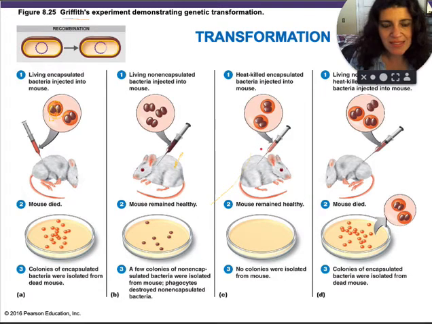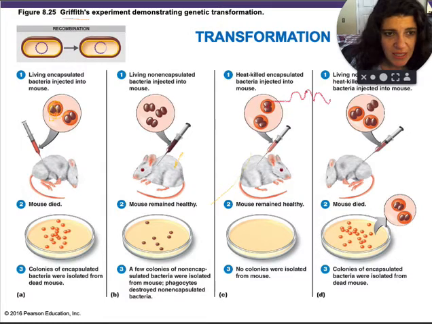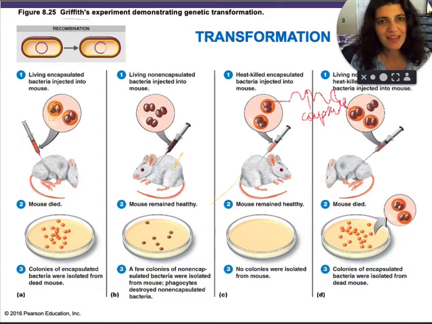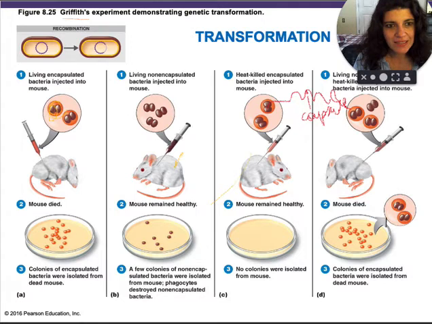It means that the gene from the encapsulated bacterium, the genome, right, has a gene that codes for making capsule. This says capsule, right? And that gene was incorporated as naked DNA because this cell was dead, right?